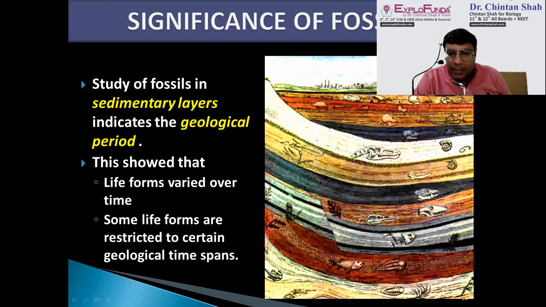Are you getting this? So this shows that life forms varied over time. Some life forms are restricted to certain geological time spans only, so they remain in that particular area only. They cannot increase their number too much.